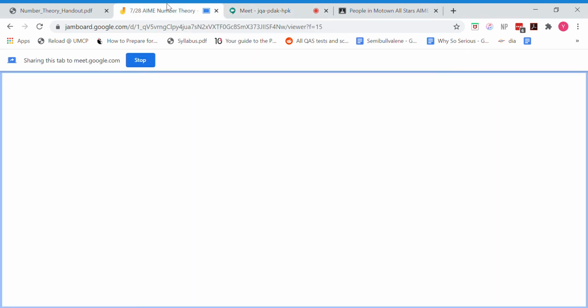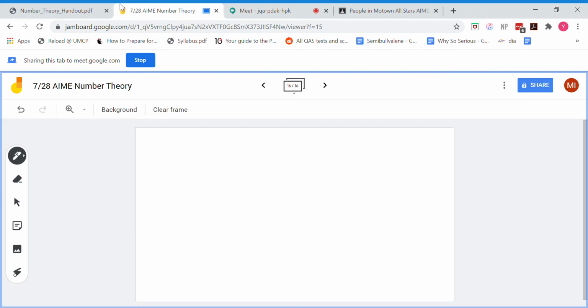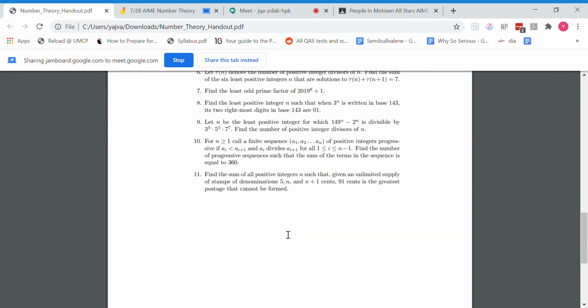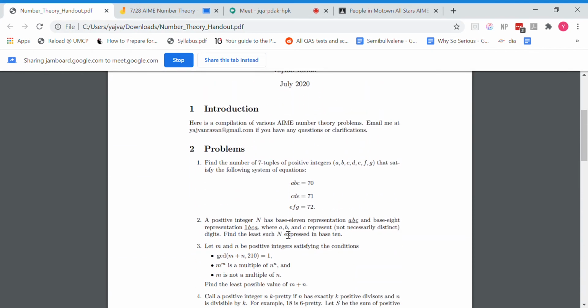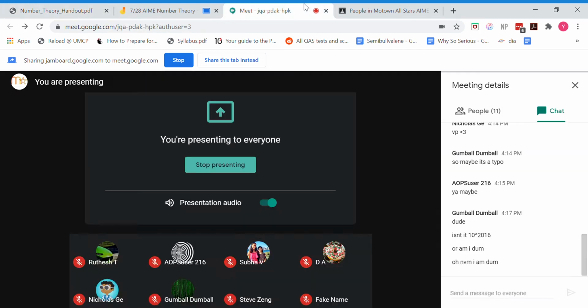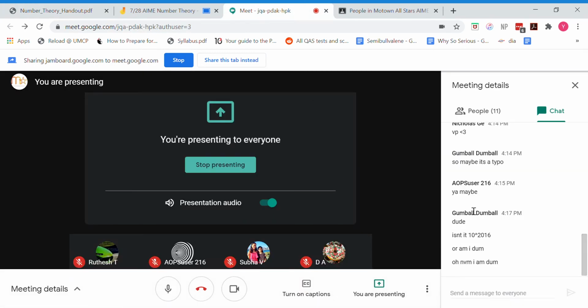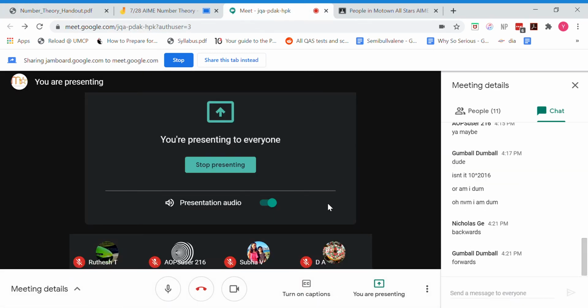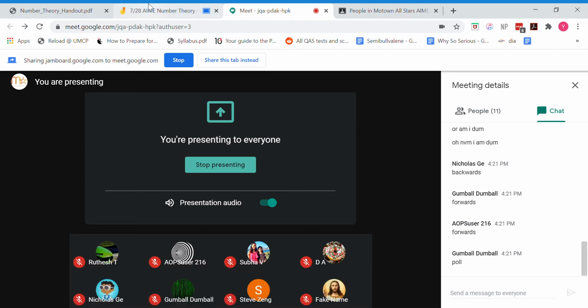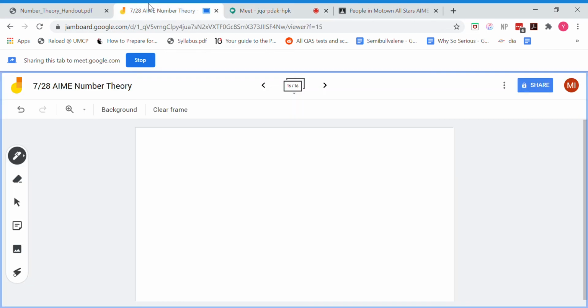So you guys want to go through the problems? So I ordered them in difficulty. So 1 is the easiest and 11 is the hardest. So do you want to go backwards or forwards? Easiest to hardest or hardest to easiest? Okay, well 2 people said forward, 1 person said backwards. So I guess it's forwards it is.